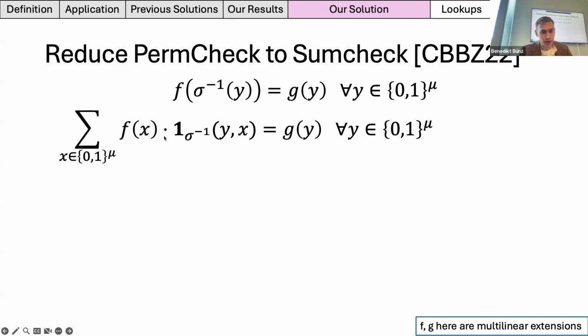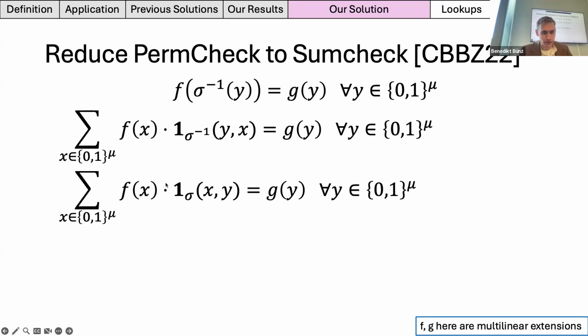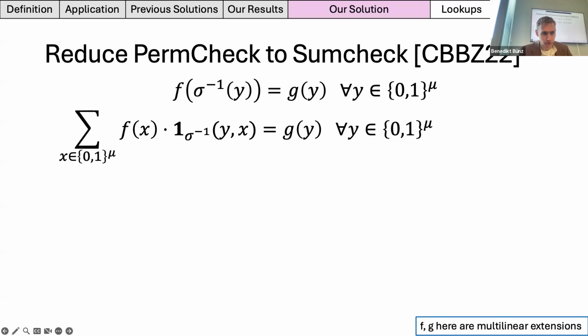And then I sum over all of the x values. Note that this part here, if I fix a y, is going to be zeros for almost all of the entries but one. This is like a one hot vector.